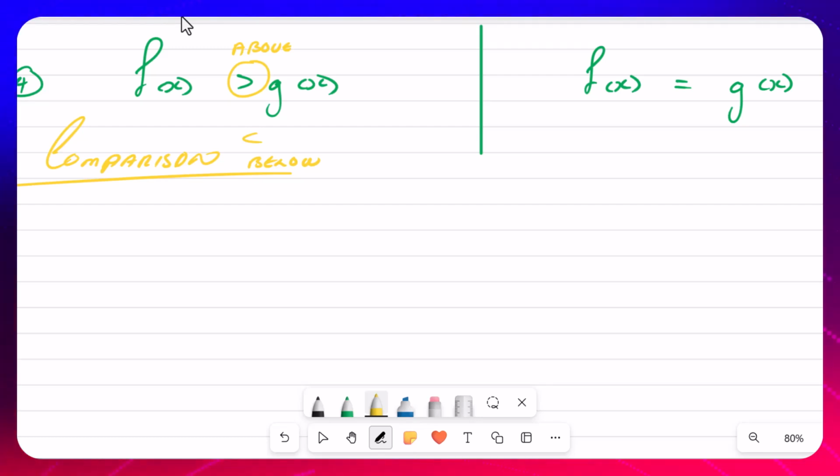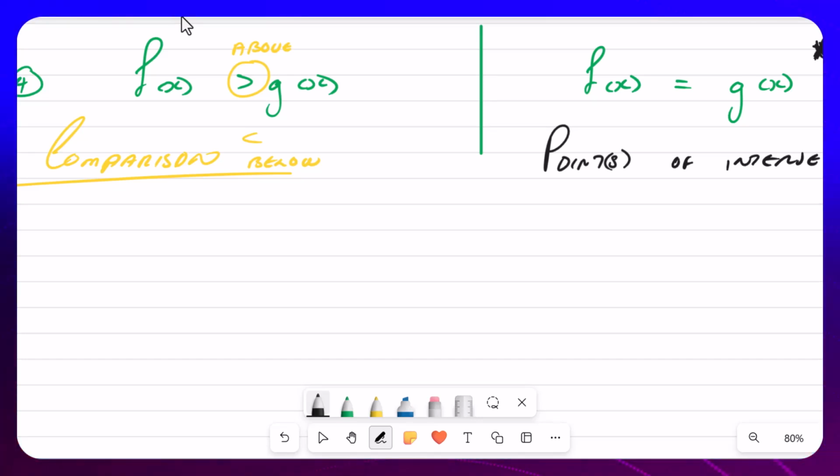So if you are comparing 2 graphs, you need this part here, which is f of x equal to g of x. That is going to be your point or points of intersection. This is where your graphs would have the same value.